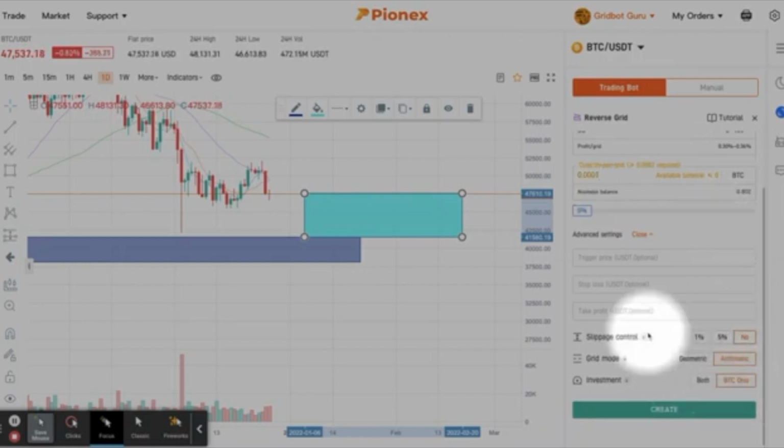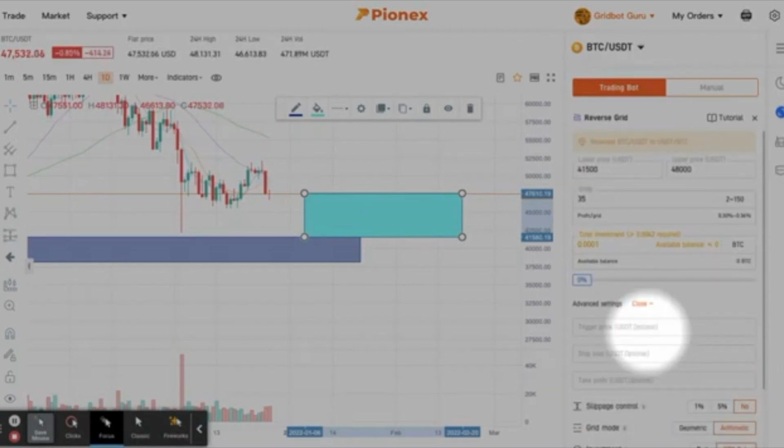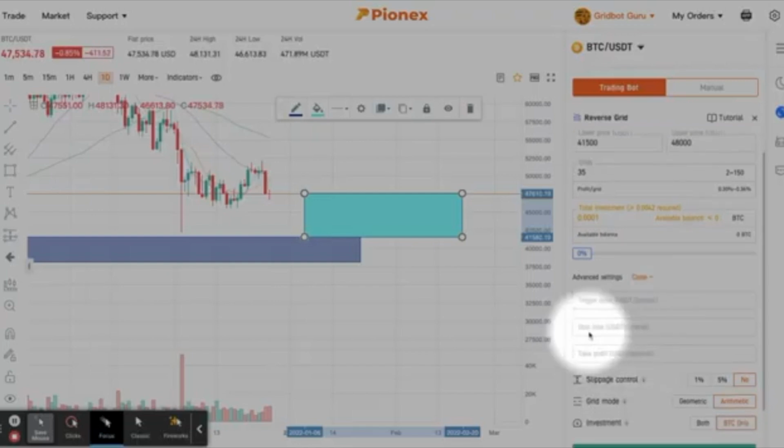Now, let's get to the real difference. The real difference is the stop loss and the take profit. For the reverse grid, the stop loss and the take profit will be in whatever coin it is. A normal grid right now would be BTC USDT, but we're running a reverse grid, so technically that grid is running a USDT / BTC grid.